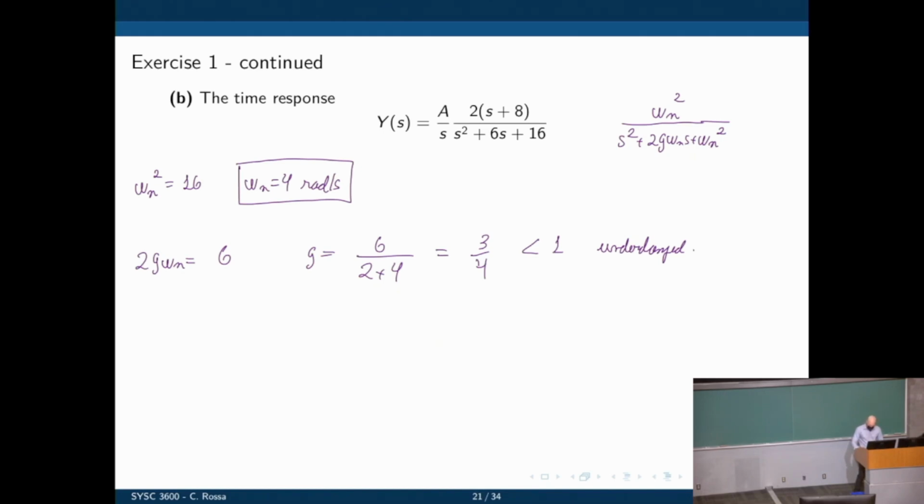What is the time response? Let's do the time constant. The time constant tau is 1 over zeta times omega n.